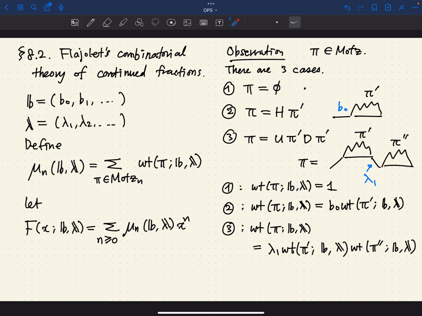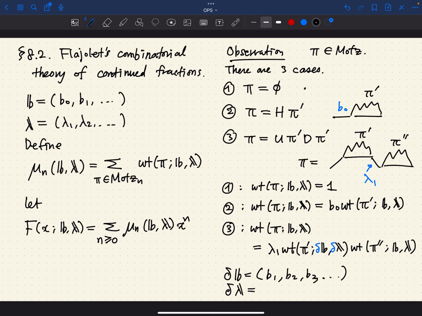to resolve this situation, I'm going to define this notation, delta. It's an operator, delta, which just shifts the sequence by 1. So delta b is the sequence that starts from b1.